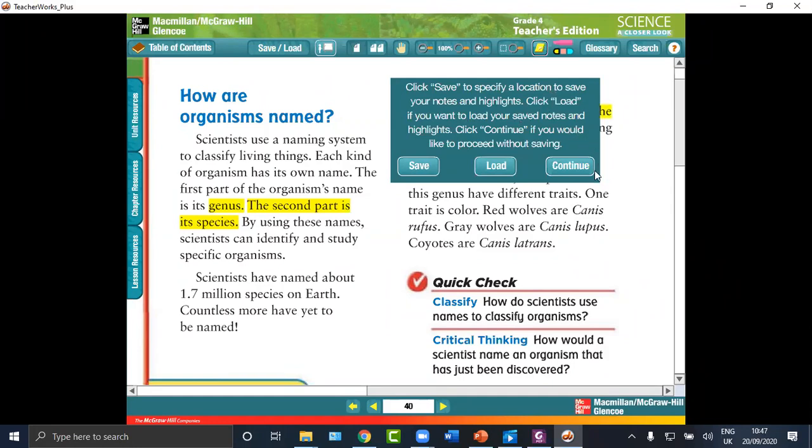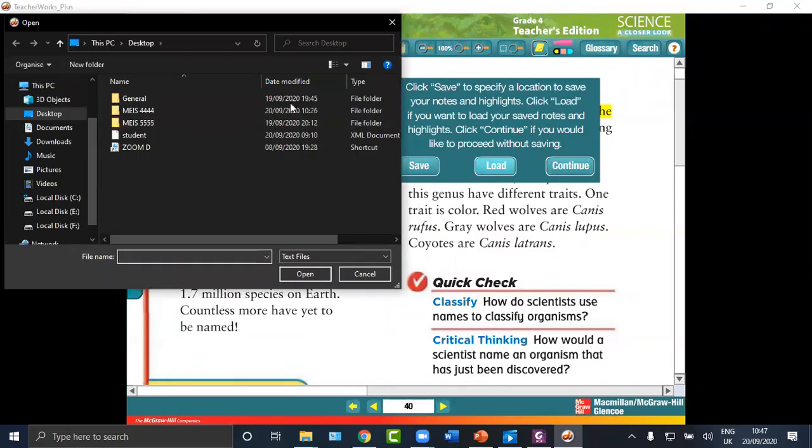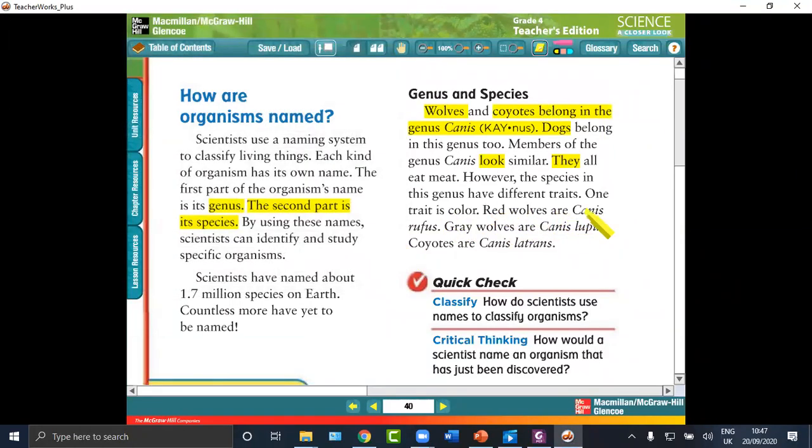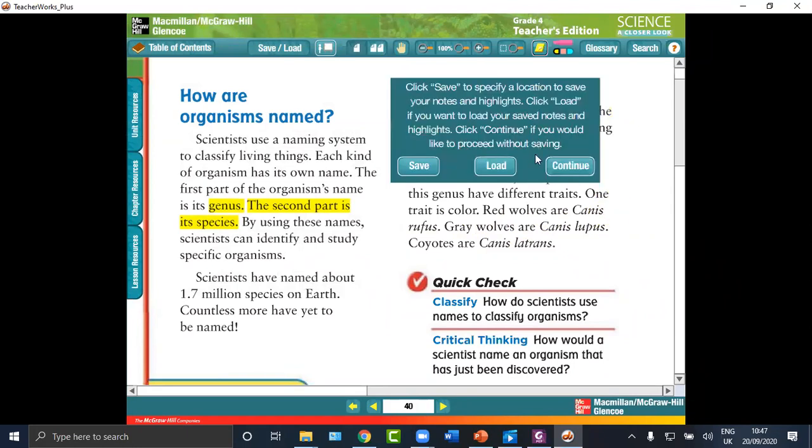Wolves, coyotes, and dogs belong in the genus Canis. Dogs belong in this kind. Members of the genus Canis look similar. They all eat meat. However, the species in the genus have different traits.